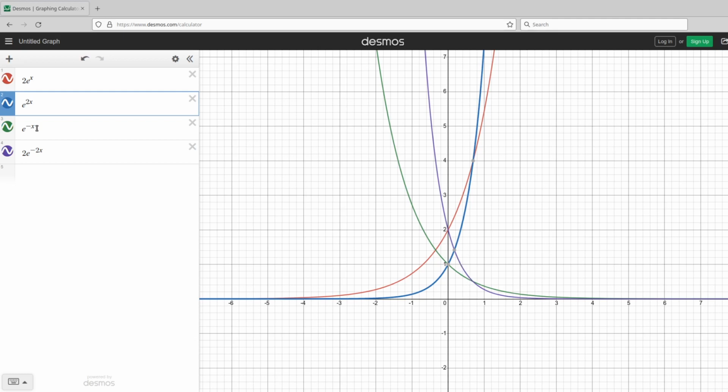Of course, in the first example, r is negative 1, and in the second example, r is negative 2. And in general, the more negative r is, the faster you can expect your graph to decay.